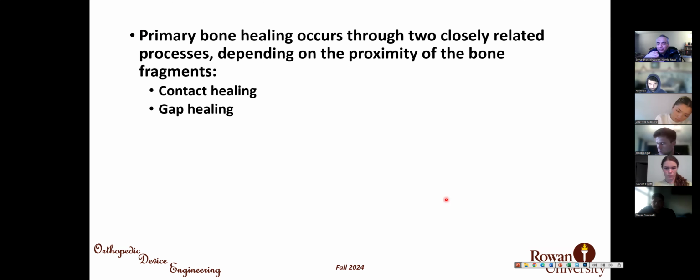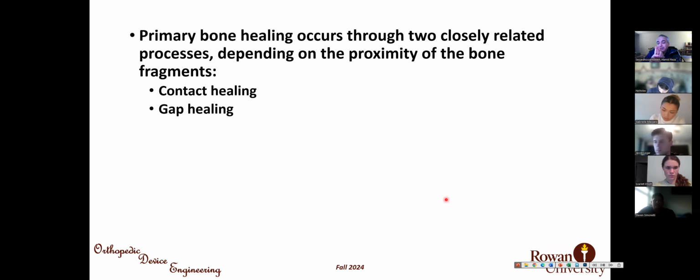If it is larger than 1 millimeter, no primary healing will happen. Primary healing will happen only if the fracture gap is less than 1 millimeter. This is the first condition.